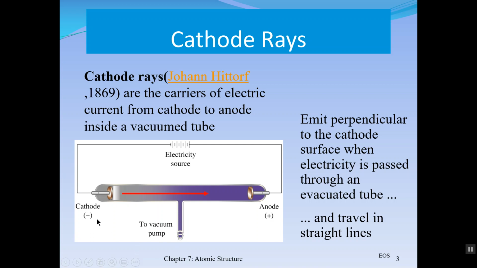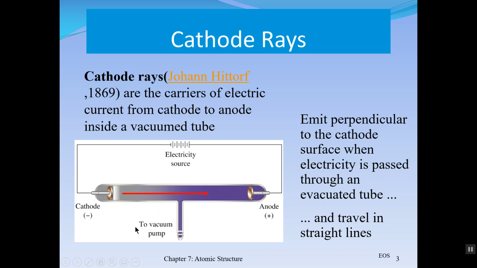And then you have two electrodes here. You have the cathode and you have the anode, which is connected to an electricity source. So this could be a series of batteries or a series of cells which make up a battery. And basically, once the circuit is completed, what one will notice is that you're going to end up with a stream, basically a beam emanating from the cathode and moving towards the anode.